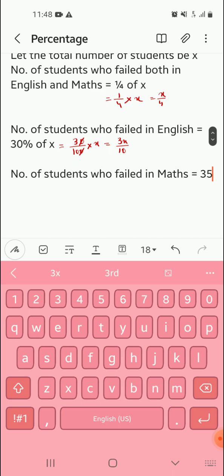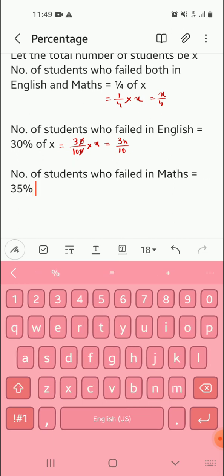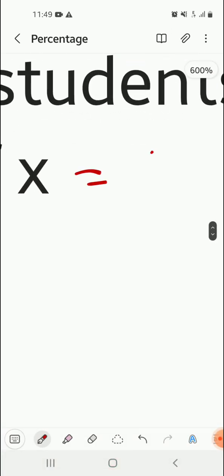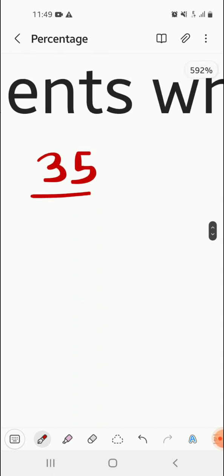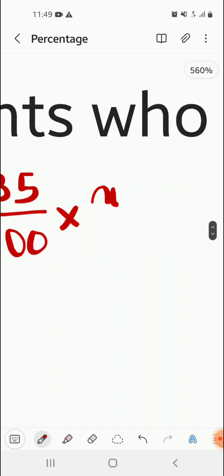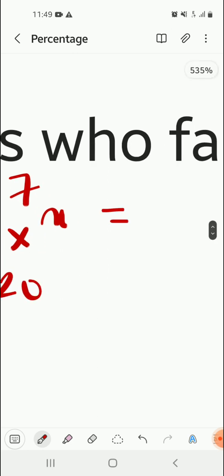So we're going to write 35% of x. So 35% of x means 35 by 100 into x. 5, 7 divided by 5, it becomes 20. So it's 7x by 20.